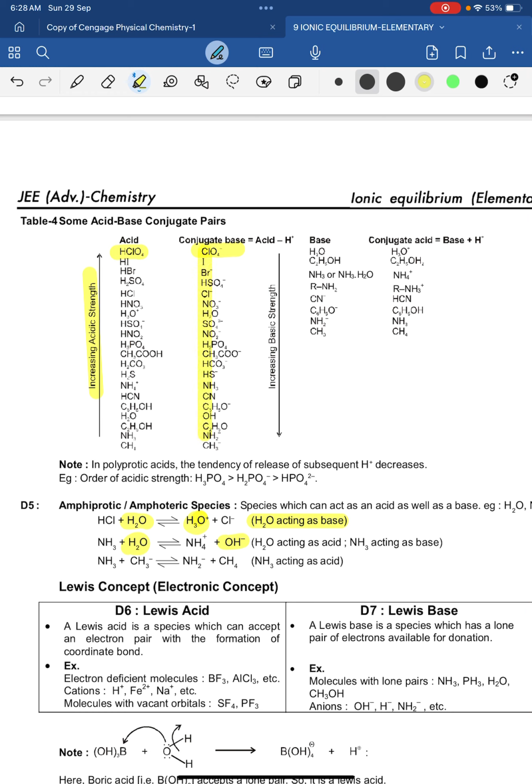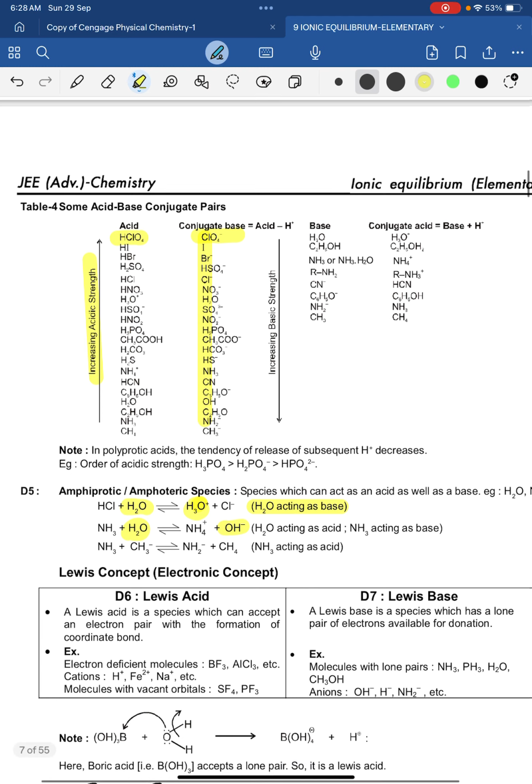A strong acid always has a weak conjugate base, and a weak acid always has a strong conjugate base. They differ by only one proton.